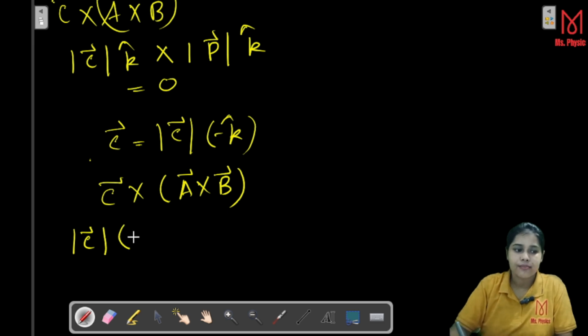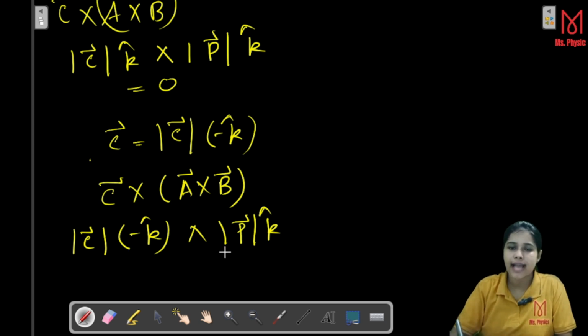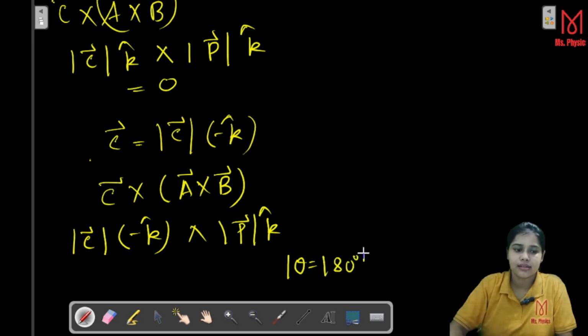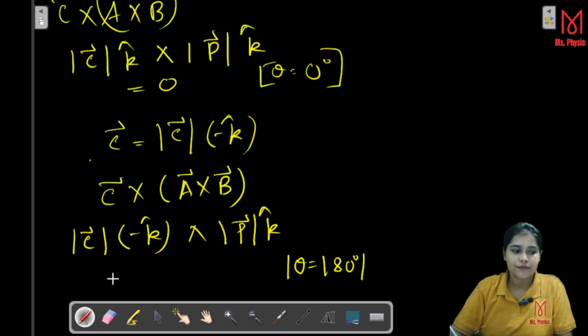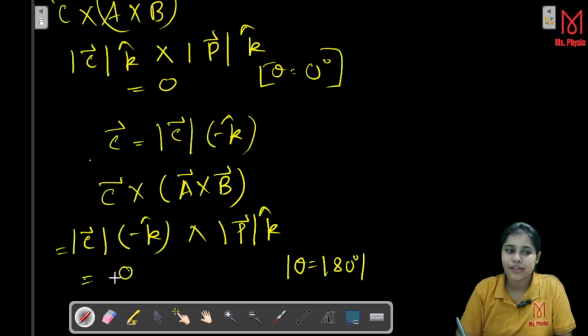Mod of C minus k cap cross A cross B means mod of P k cap. In that case also the angle between them is 180 degrees. Here theta is 180 degrees, and earlier theta was 0 degrees. Clear? So if theta is 180 degrees, then also the value would be 0 if you do the cross product.